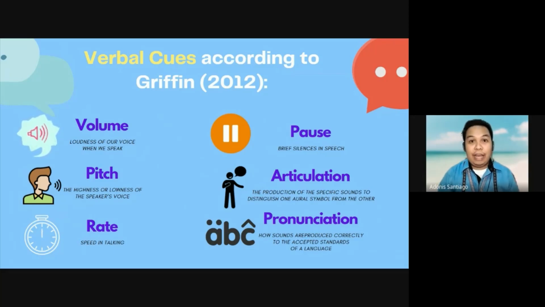Next we have the rate. When we talk about the rate, it is the speed in talking. Also, there are some people who talk very, very slow, like a sloth. Okay, you know what sloths are? These are animals who move very slow.